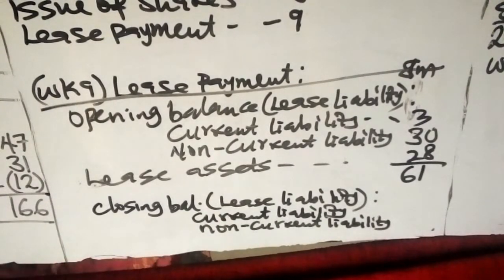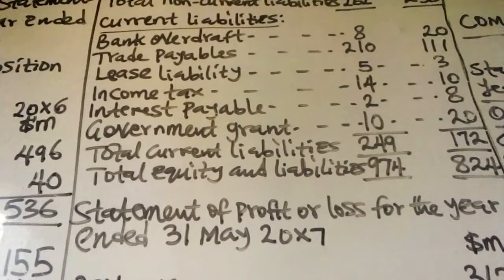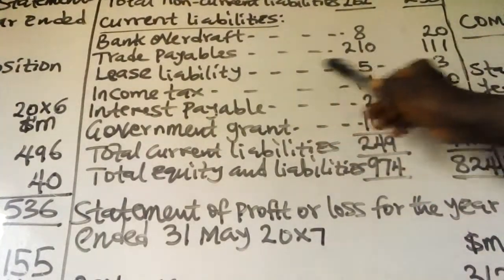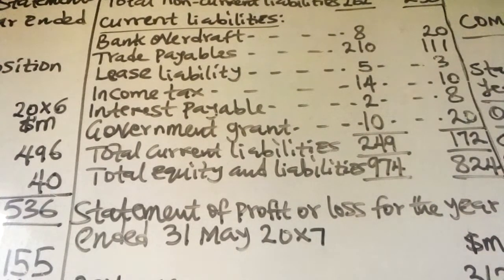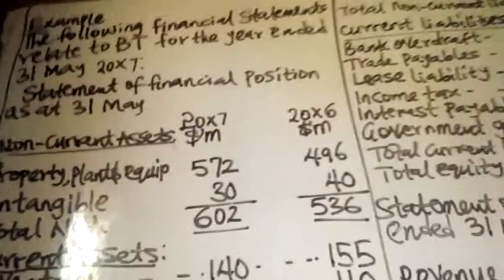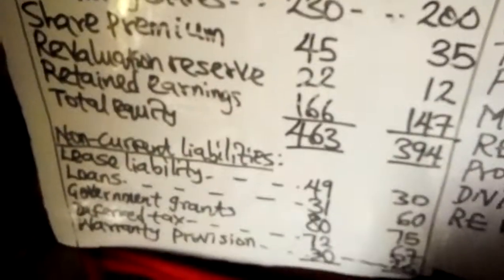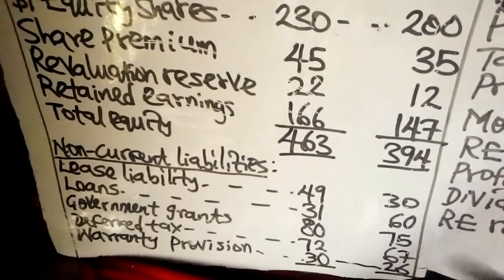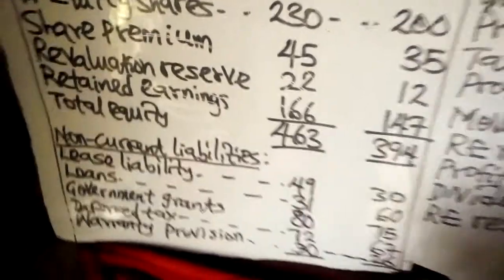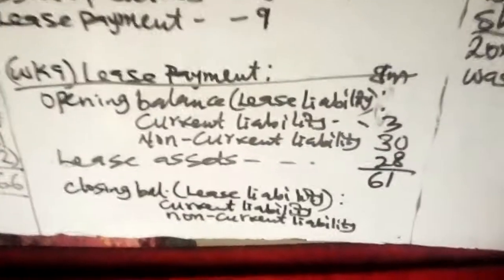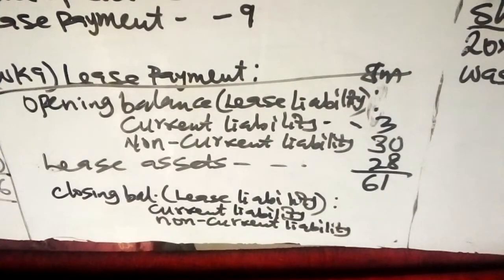So the one under current liability, the closing balance is 5. Then the one under non-current liability, the closing balance is 49. So we want to consider that 5 and 49.